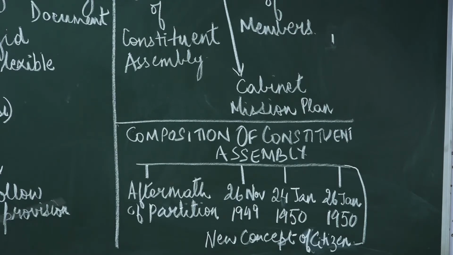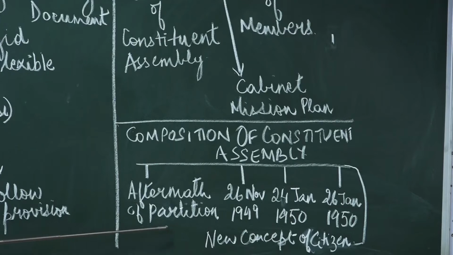Aftermath of partition. You all must have heard a lot about partition. You must have read about it in your previous classes. You've seen movies related to partition. So one thing that you all know about the partition is that once the country was divided into India and Pakistan, many people who were a part of the Indian Constituent Assembly, who were a part of the Indian government, had to leave the country and move away to Pakistan.